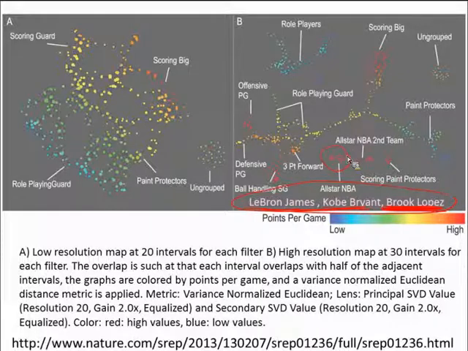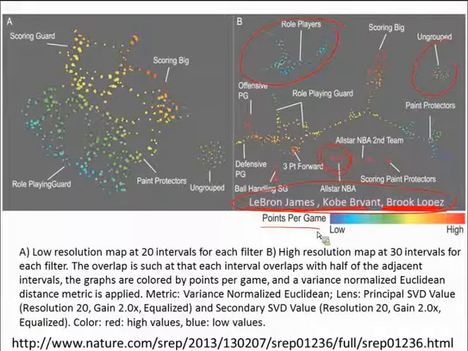You can also note that there are people whose roles are very different than other people's roles, and that are clustered very far away. And in this case, the clustering is probably, since it's very red, very much related to the points per game.